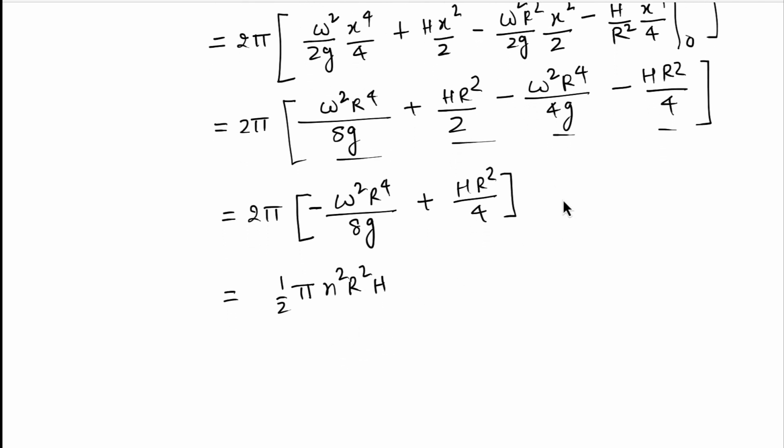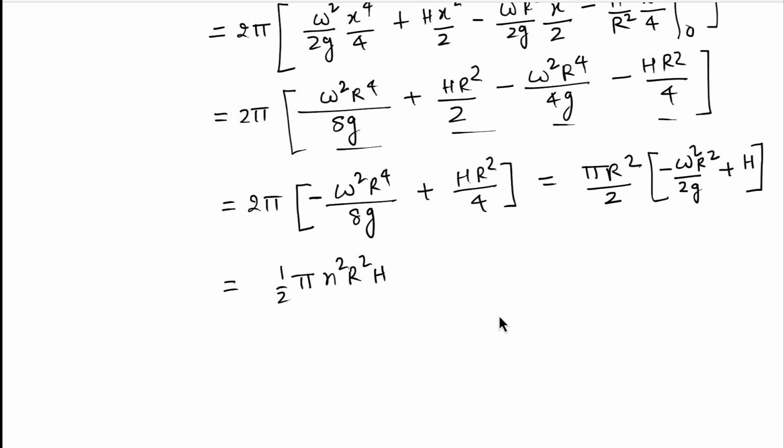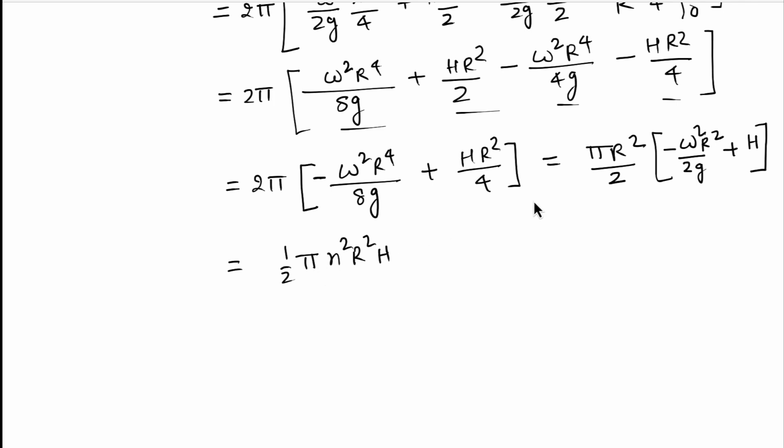Okay, so this we can also further write like pi r square by 2 times minus omega square r square by 2g plus h, if we take r square by 4 outside. Okay, so pi r square will just cancel out on both sides, and so what we'll have is minus omega square r square by 2g plus h equal to n square h.